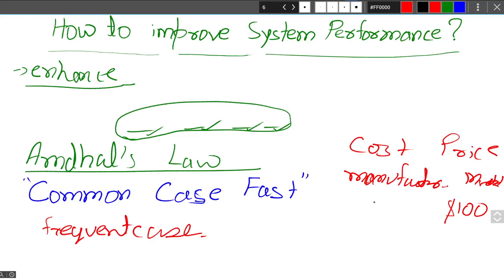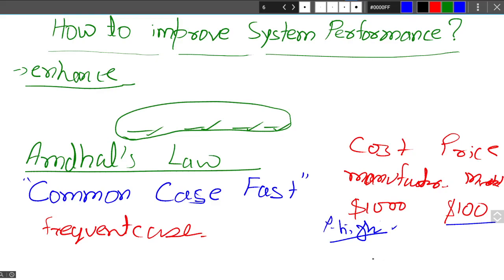Let me give you an example. Now you can sell it for, suppose, $150 or $200. So now you can see that your cost is higher than the price available in the market. So this enhancement is not of much use.